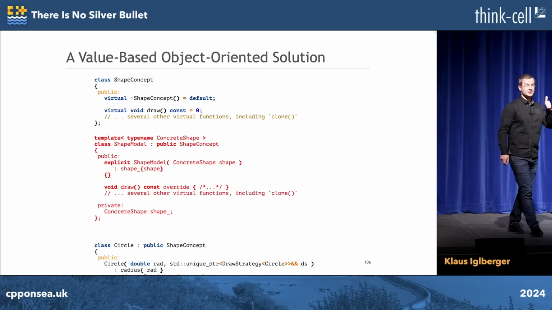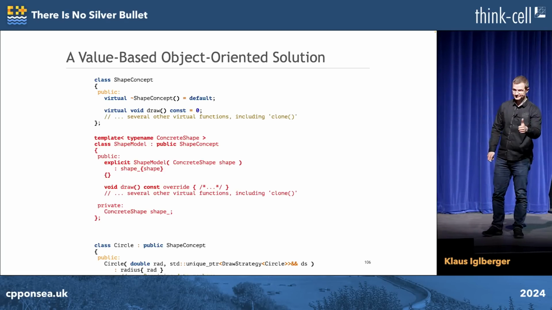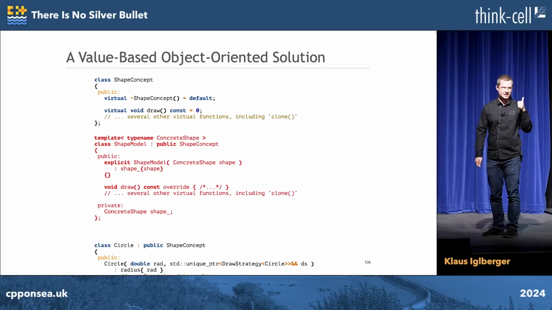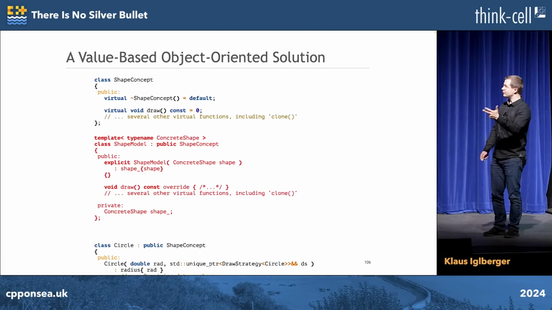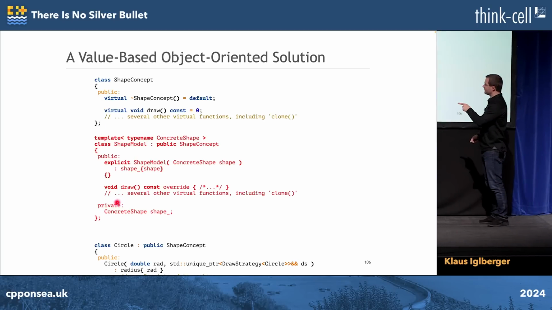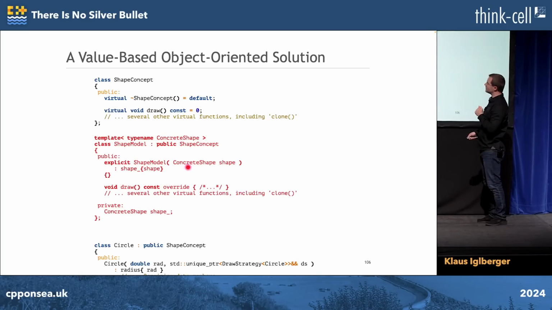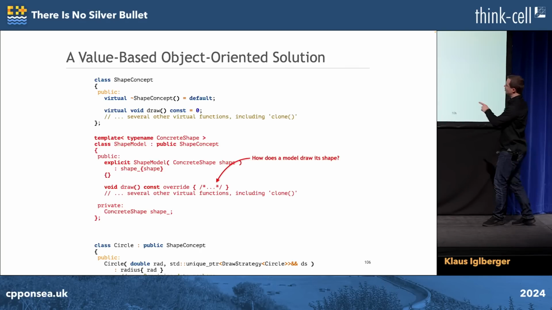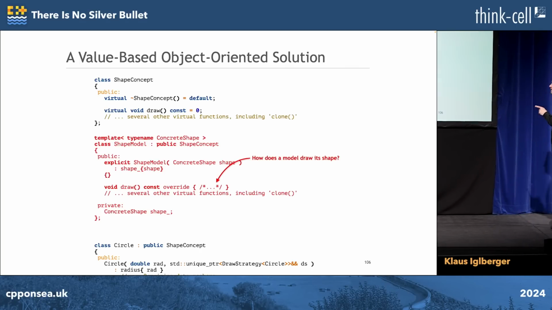First, it's a class template. So it's templated on a concrete shape type, which is potentially a circle, a square, rectangle, etc. But also, it owns a shape. And it is initialized by means of one of these shape types. So now this class implements draw. But how do we implement draw here?